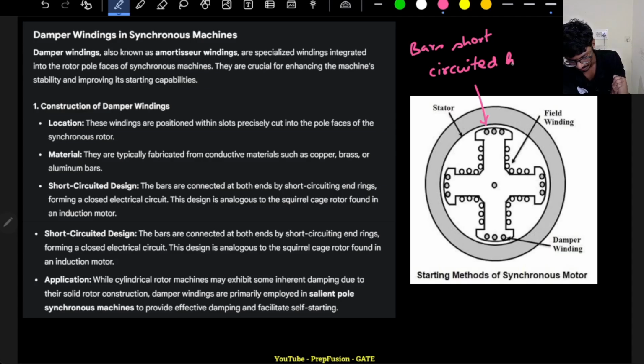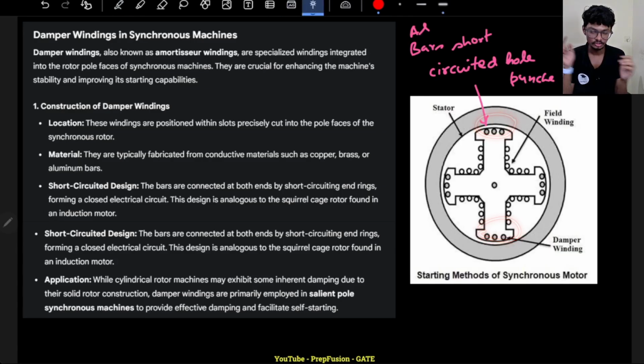These are aluminum or steel bars; we punch them in the head and we short circuit them.